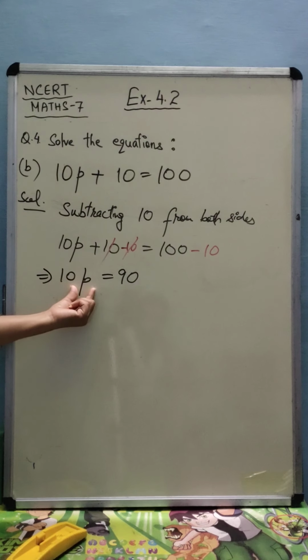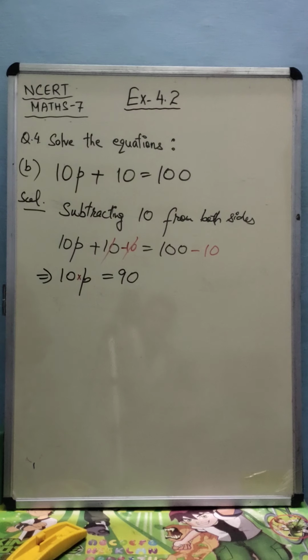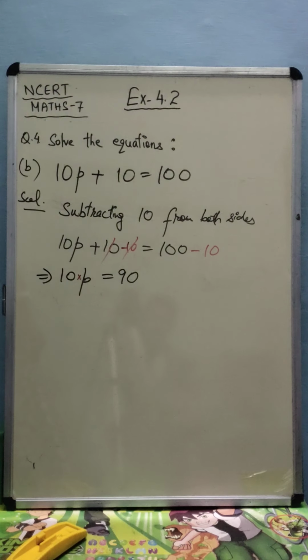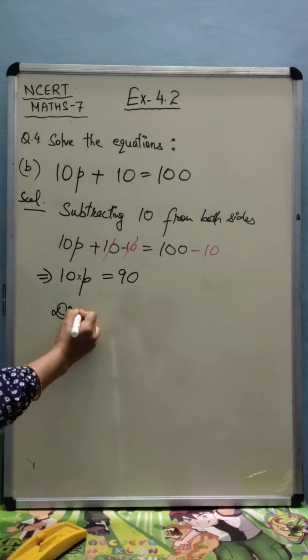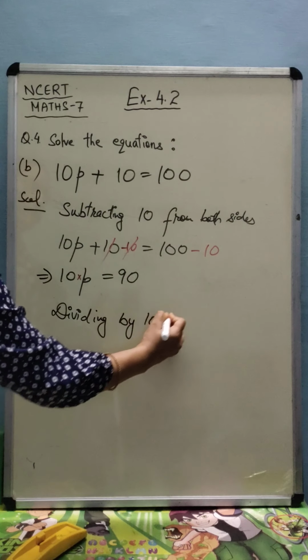We want this p, so again we have to remove this 10. This 10 is again multiplied with p. So to remove this 10, we just divide by 10 on both the sides. So we will write dividing by 10 both sides.